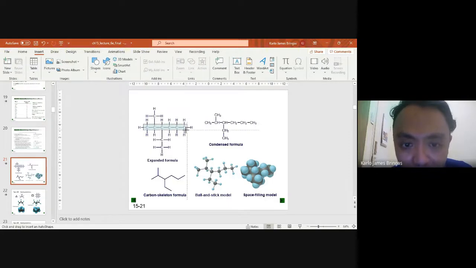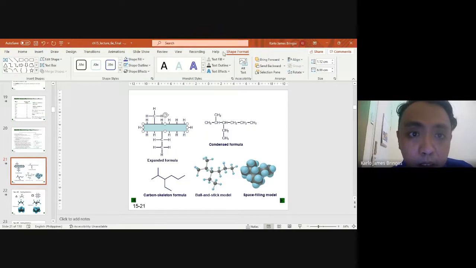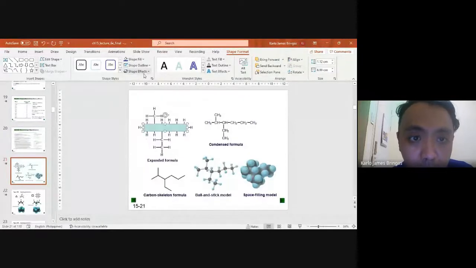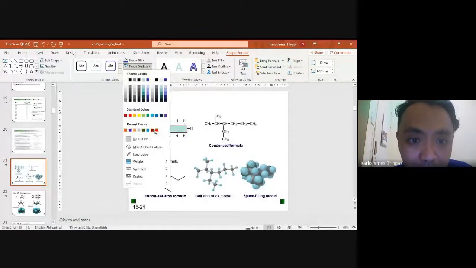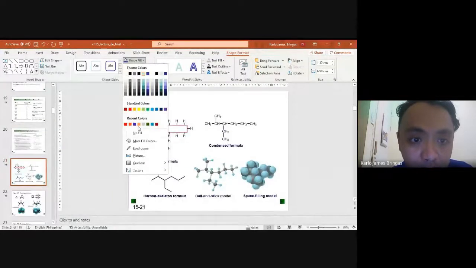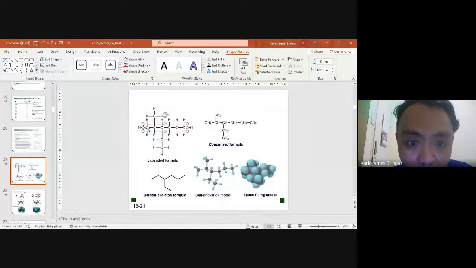So if we look carefully, the longest connection of carbon atoms here looks like it is this one. So in this chain of carbon atoms, if we count all of them, how many carbon atoms there are, we have 1, 2, 3, 4, 5, 6.